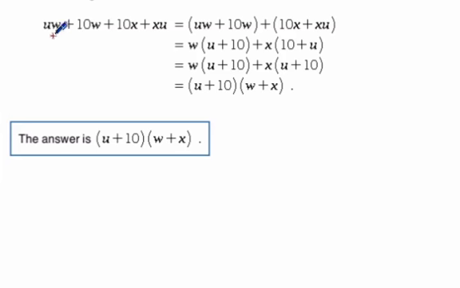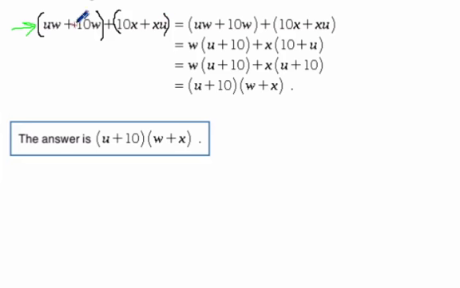So what we're going to do is just factor those out. So if we look at this original problem right here, we can group it. We can just say, let's group these two together because they have a common w. That's all they've done here in this step. And let's group these two together and notice that they've got a common x.